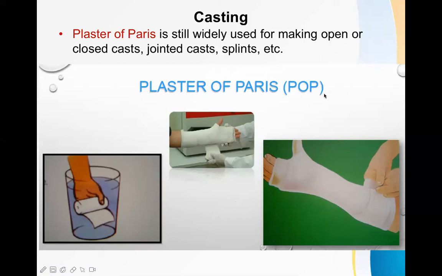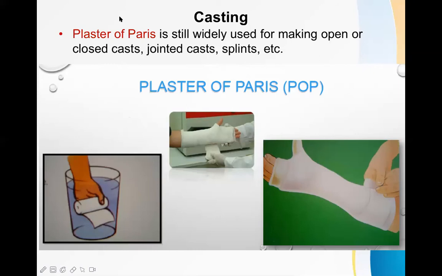It is very widely used for making open or closed casts, jointed casts, or even splints. Now, a jointed cast is used if a fracture occurs around the joint, because we want to mobilize the joint and at the same time immobilize the fracture site. So for that purpose, a jointed cast would be used. We'll talk about that later.